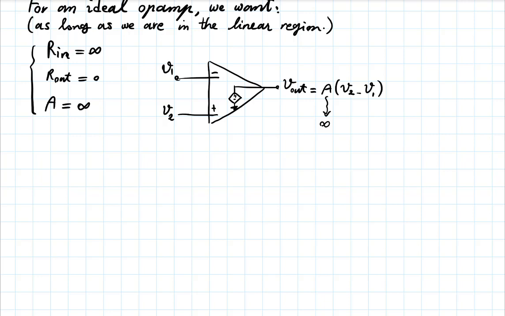But coming back to this point, if I somehow manage to keep the op-amp in the linear region, where V out is not infinity, it's somewhere between the two supply voltages, and A is infinity, what does that tell me about V2 minus V1?